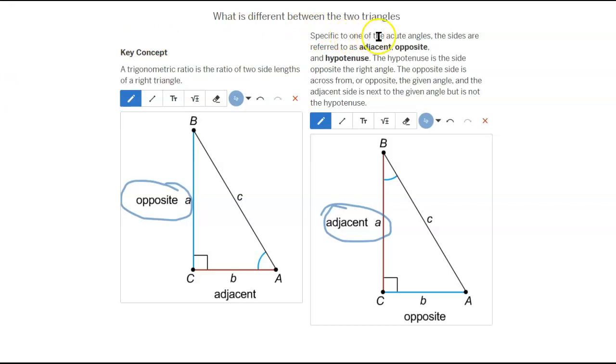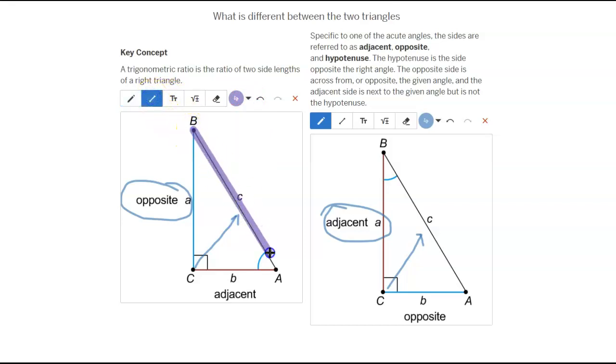So specific to one acute angle, the sides are referenced as adjacent, opposite, and hypotenuse. We just talked about that. The hypotenuse is the side opposite the right angle, so it's always opposite the right angle. So let's go ahead and highlight our hypotenuses really quick.